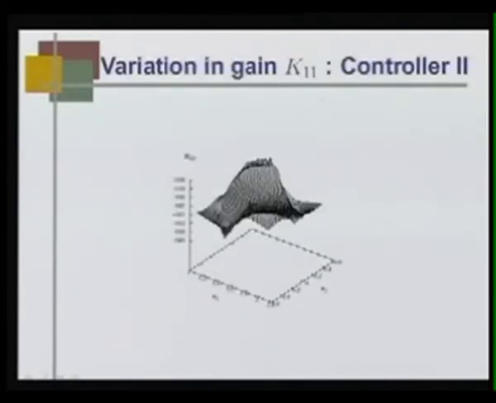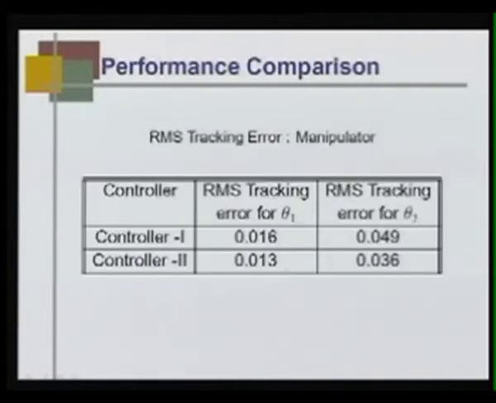So, the variation in gain K11 of controller 2, you see how it is varying over a range. For the performance comparison, controller 1 has RMS error 0.016 and 0.049, and controller 2 has 0.013 and 0.036. The performance has been improved.